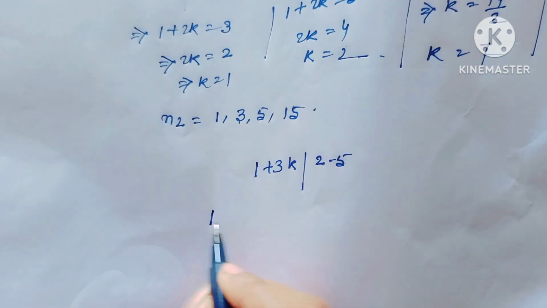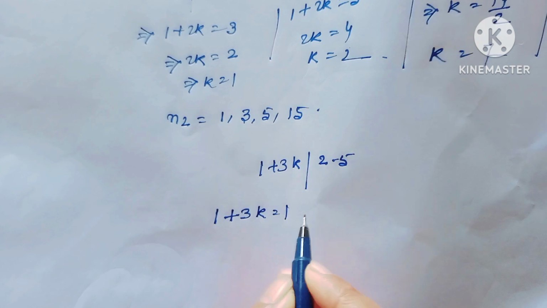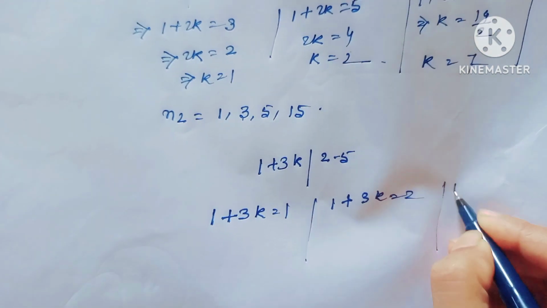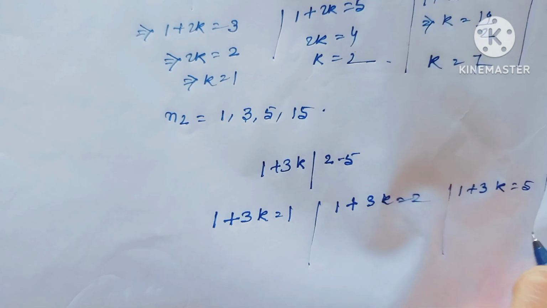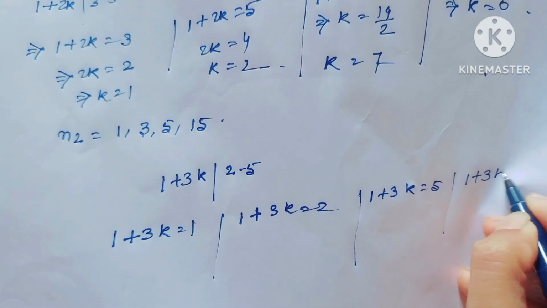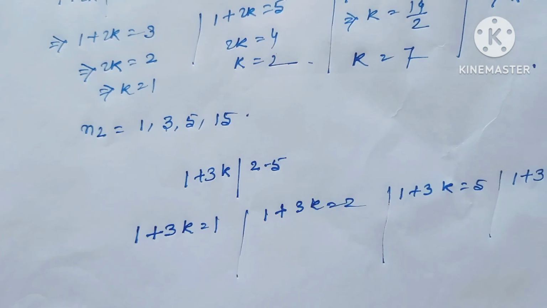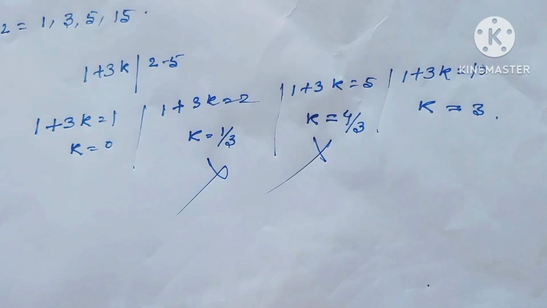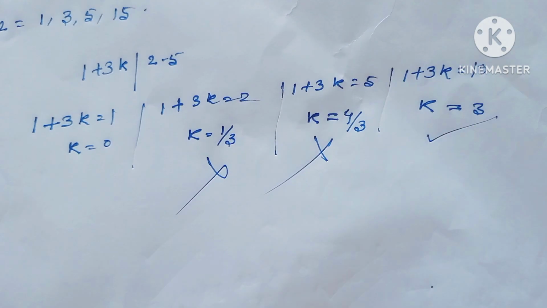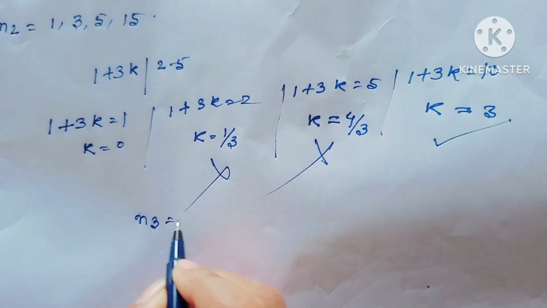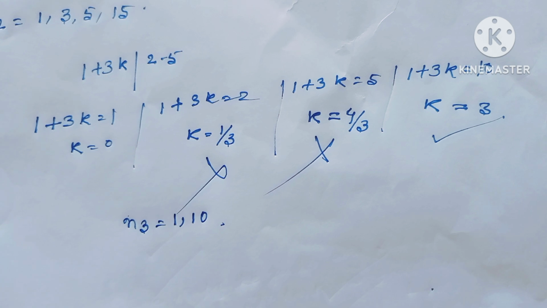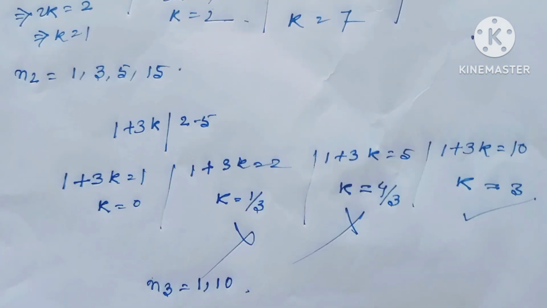That means the possibility is either 1 plus 3k equal to 1, or 1 plus 3k equal to 2, or 1 plus 3k equal to 5, or 1 plus 3k equal to 10. k equal to 0 is possible, k equal to 1 over 3 is not possible, k equal to 4 over 3 is not possible, k equal to 3 is possible. That means N3 equal to 1 or 10. The number of Sylow 3-subgroups is either 1 or 10.